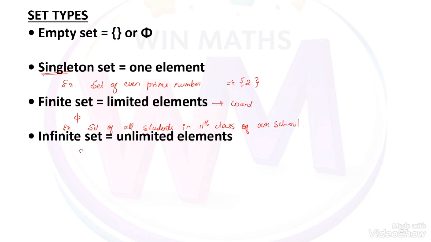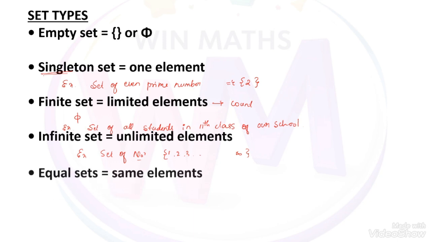For example, the set of natural numbers starts from 1, 2, 3, but the last term we don't know, that's why we take infinity. Set of rational numbers, set of prime numbers and so on. Another example is the set of all points on a line segment.